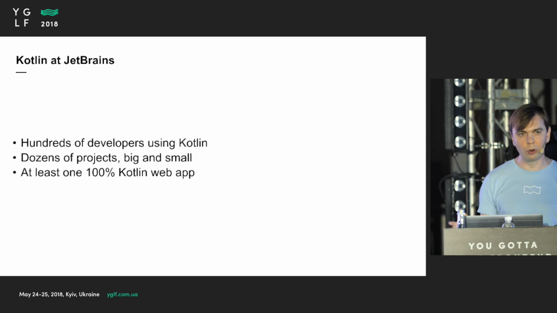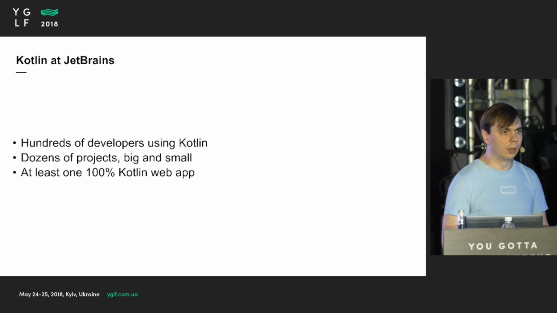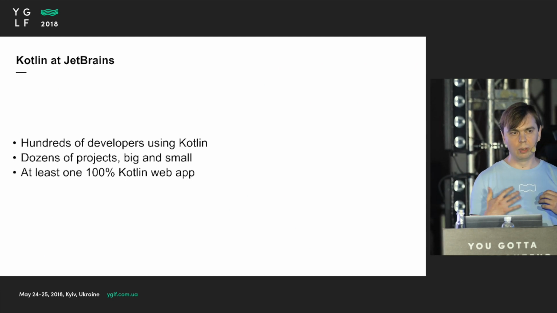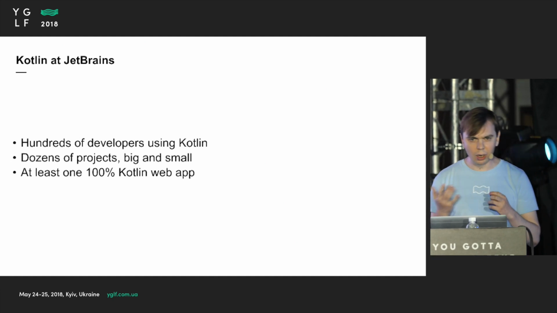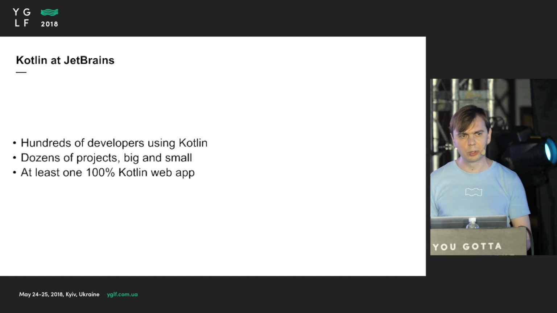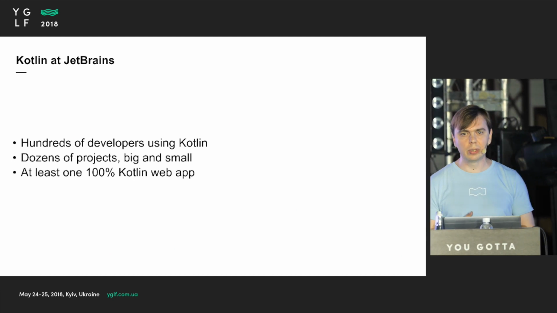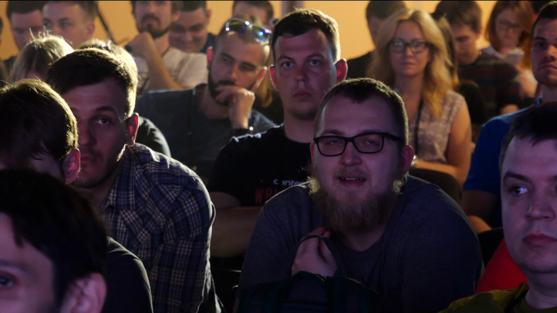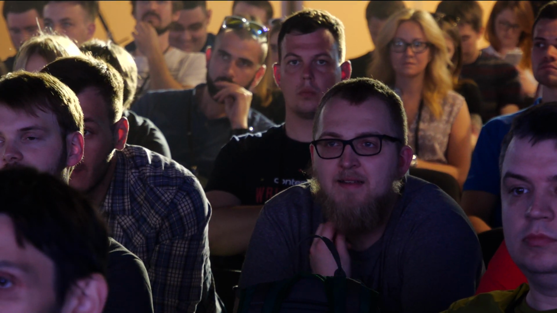The backend, the frontend, the mobile applications, it's all just Kotlin. So we are basically on the cutting edge. We are trying out new versions of the language itself as soon as they come out. We are testing the new libraries, and we are developing libraries ourselves and then sharing them with the world.